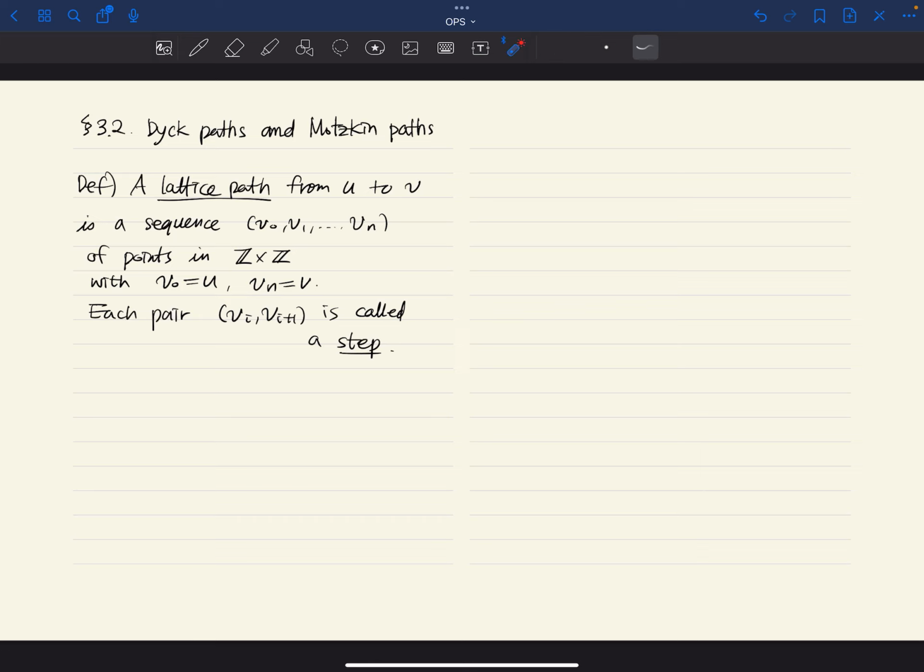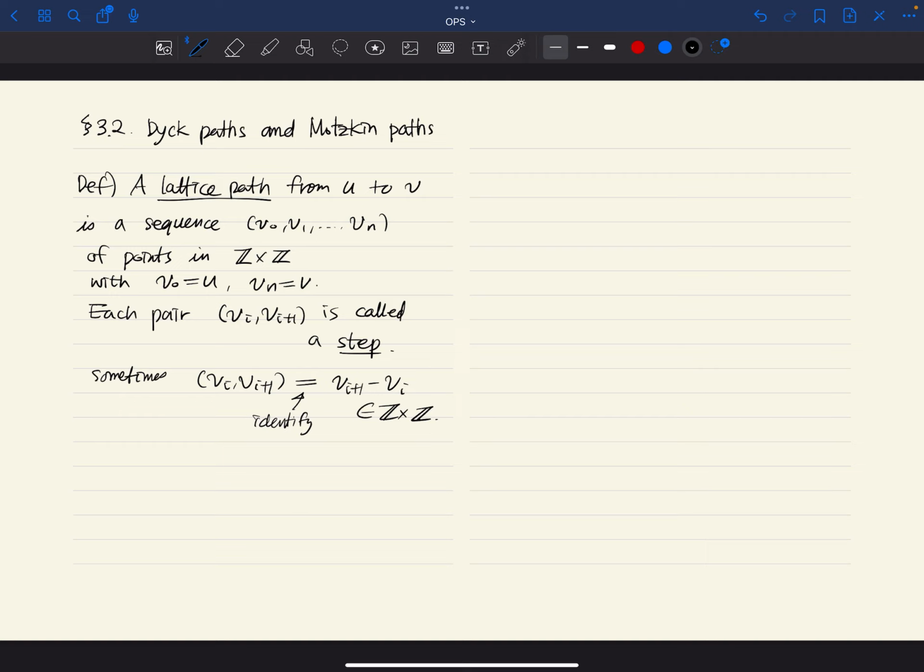So the initial point is this, and this is one step, and this is another step, etc. It's quite common that this step is identified with the difference. We will treat this the same thing as just this. So this is a component-wise difference, like a vector subtraction, with elements in Z and Z.